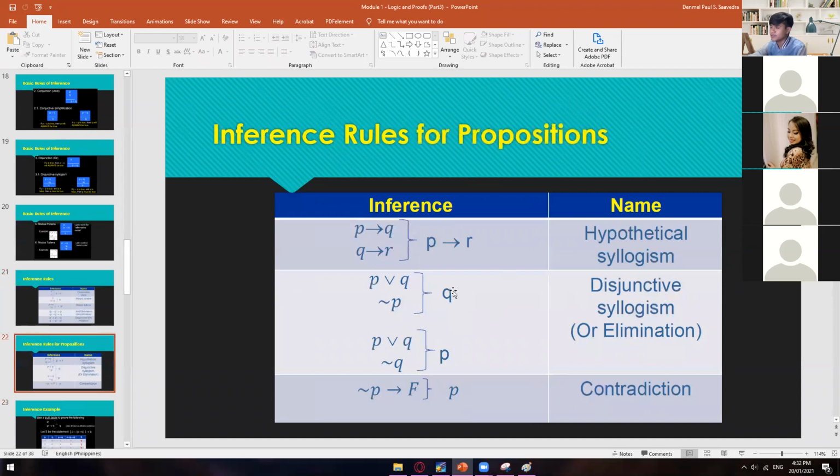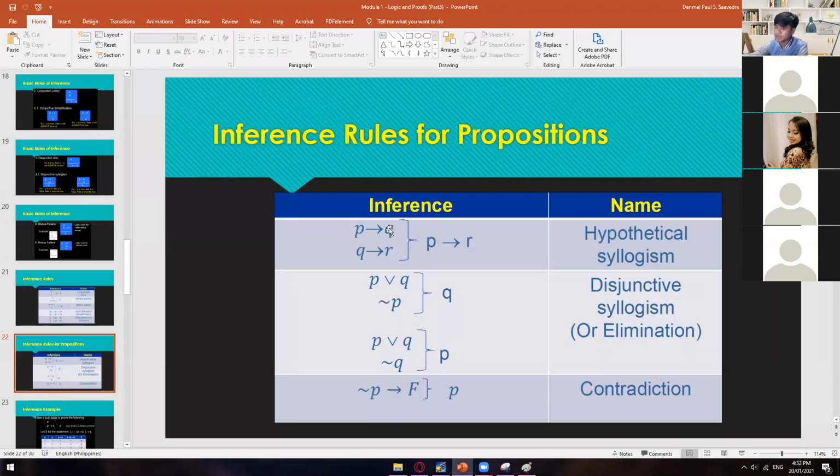And then here are the others. We have here hypothetical syllogism. I cannot give you guys a scenario, but if you read this one, your hypothesis here is P, and then your conclusion is Q. But then this conclusion became a hypothesis and we come up with another conclusion. If you see this kind of scenario in the future, you can just disregard the Q in the middle.